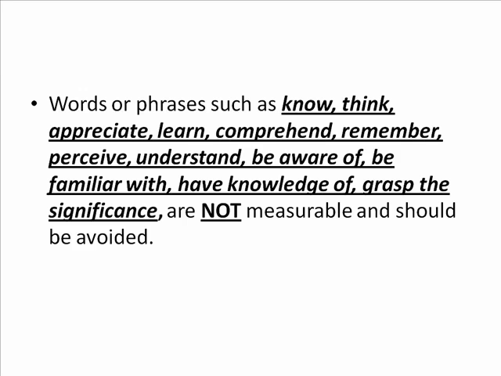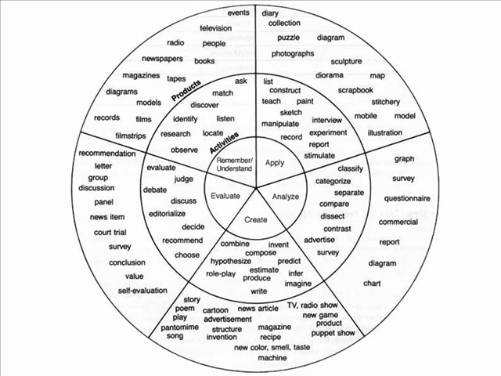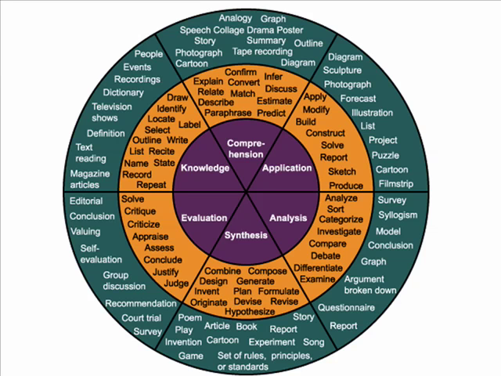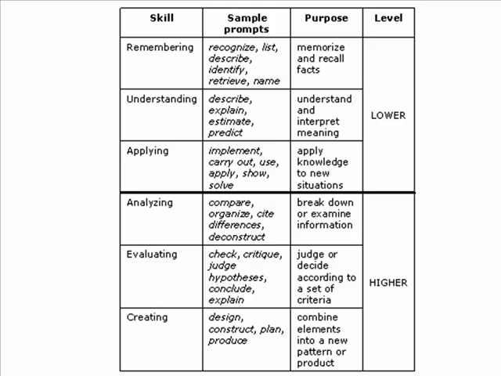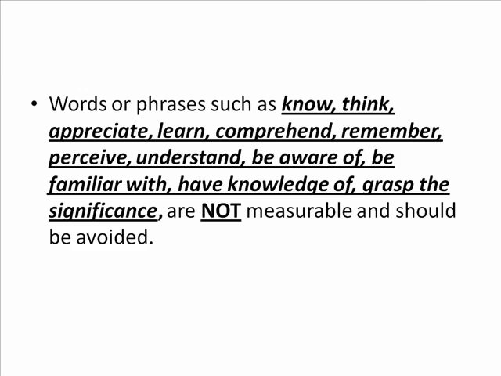So if you're stuck and you can't figure out a measurable verb, maybe you are very accustomed to using understand or know, then refer back to one of the Bloom's taxonomy lists and find the verbs that describe what you want these students to do. And these are measurable verbs. But these words or phrases are not measurable and should be avoided in objectives.